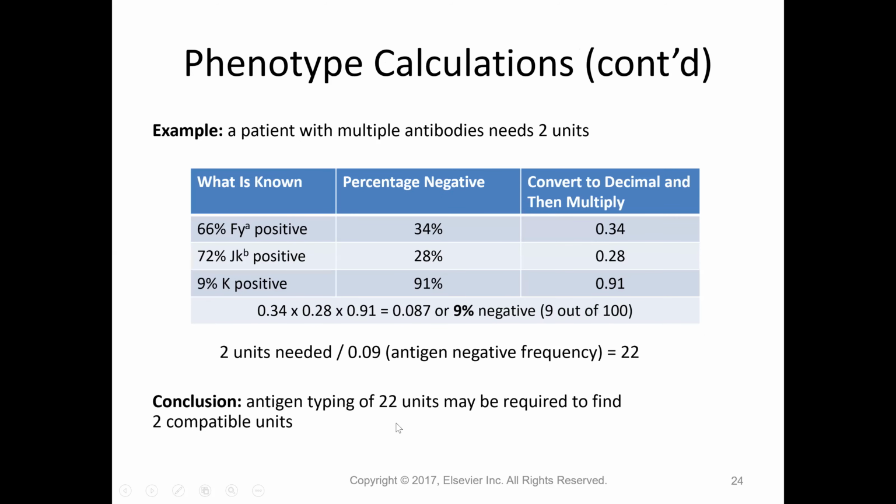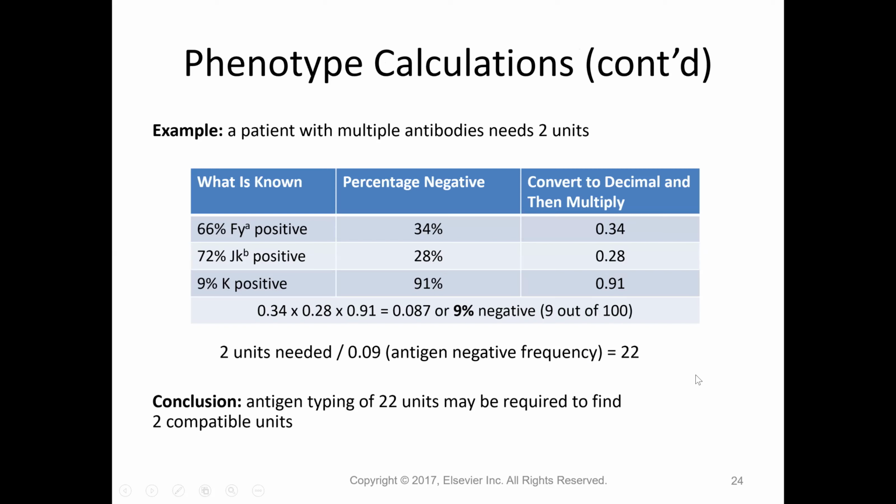That is different than the 2 units needed to give to the patient. Each patient needs a certain amount of units given to them, but you're typing each unit. So your compatible units are different than the units you're giving to the patient.